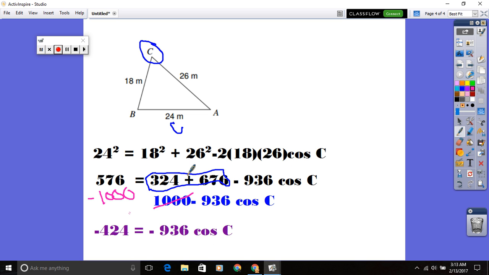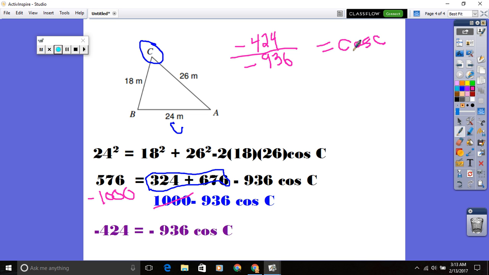I'm going to divide, so I'm going to get negative 424 divided by negative 936 would equal cosine C.